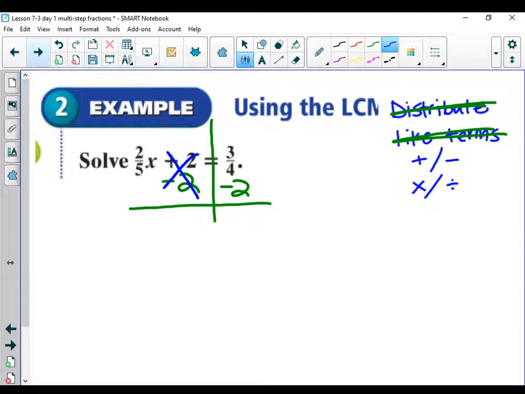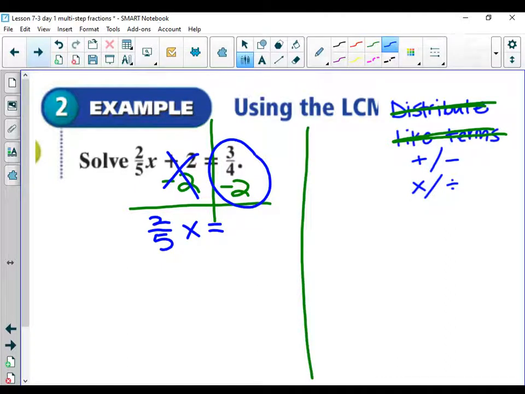Don't need those 2's on the left anymore. Uh-oh. Three fourths minus 2.